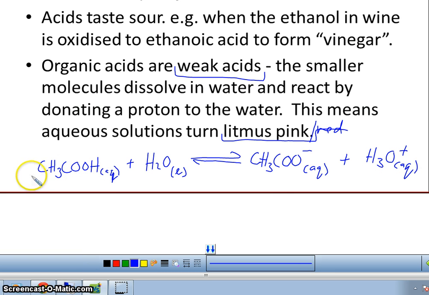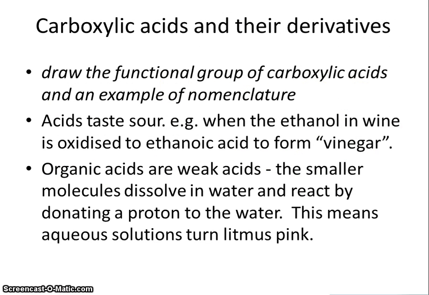So this ethanoic acid donates a proton to the water. The water accepts that proton. This is the acid, this is the base. This is the conjugate base for the acid. This is the conjugate acid for the base. So, acidic. Easy? I hope so. Right, moving on.